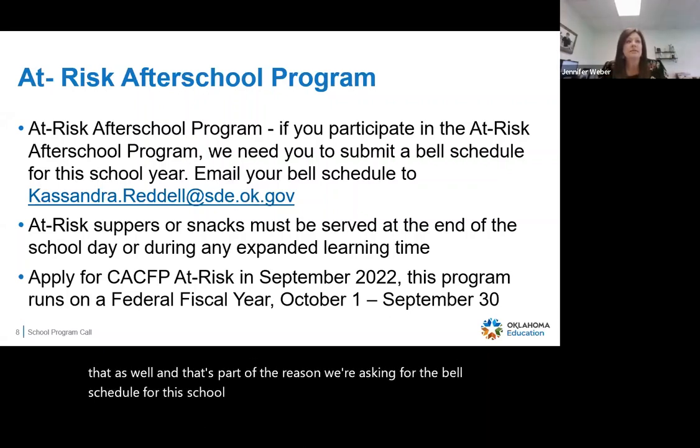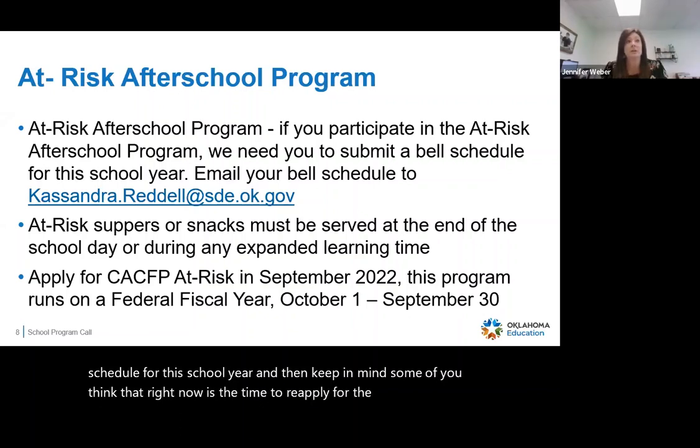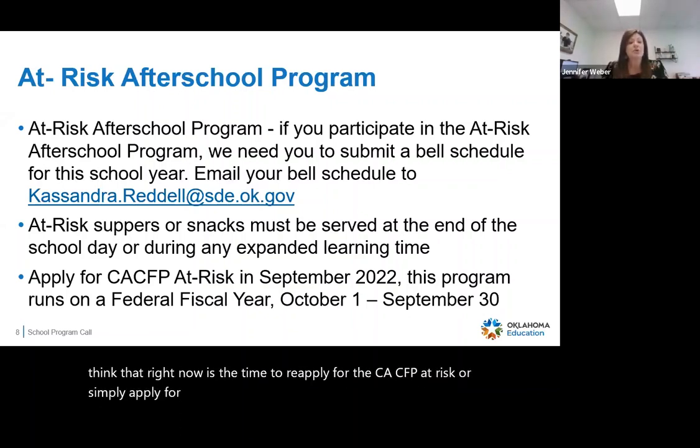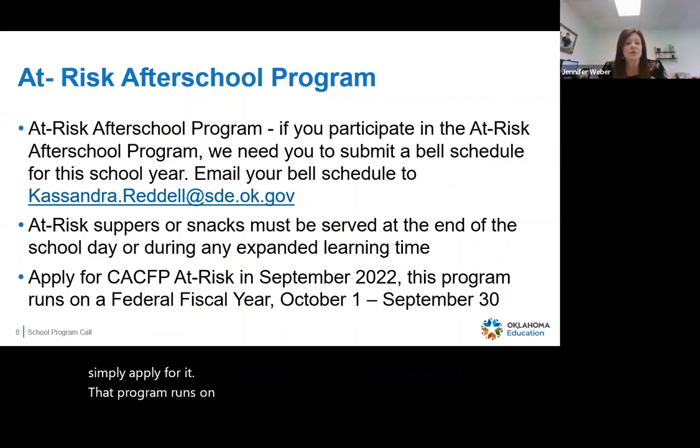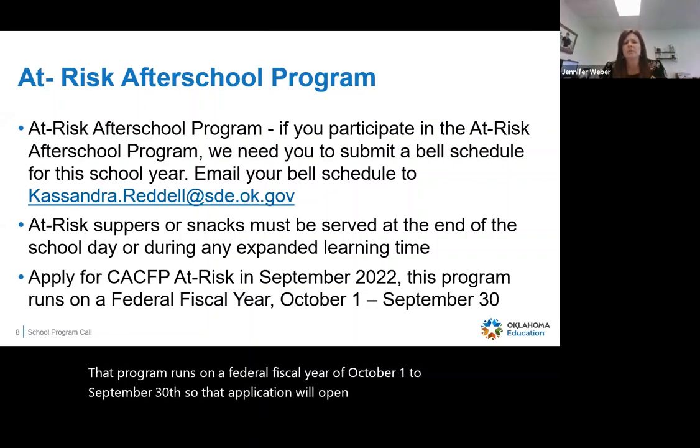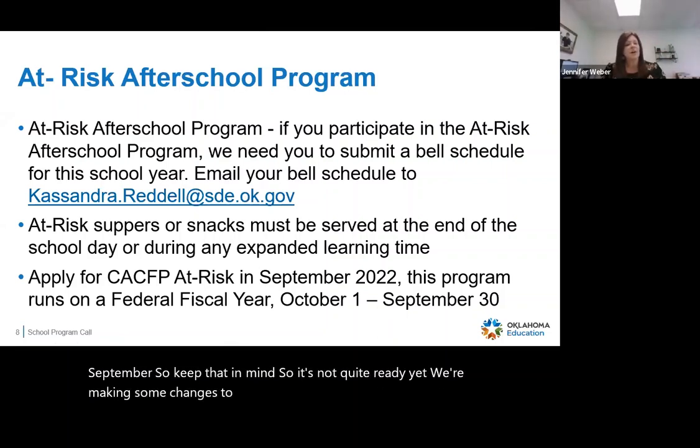And then keep in mind, some of you think that right now is the time to reapply for the CACFP at risk or simply apply for it. That program runs on a federal fiscal year of October 1 to September 30th. So that application will open up early to mid-September. So keep that in mind. It's not quite ready yet. We're making some changes to it. Specifically, and a lot of you will be happy about this, we're making changes to that budget.